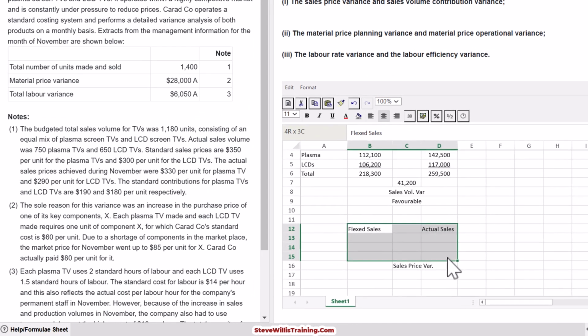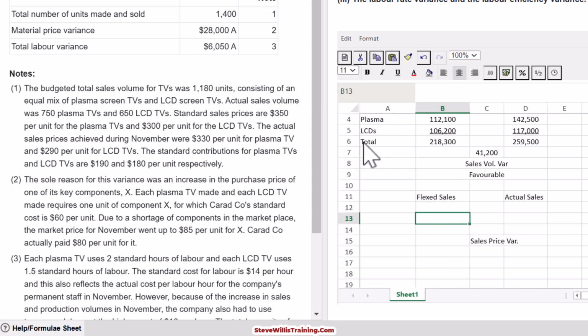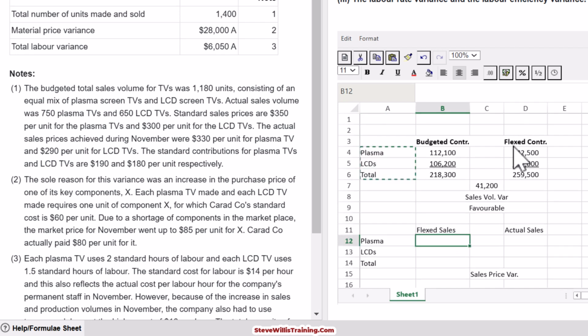Now let's move on to the sales price variance. And I'm going to just reorganize things a bit. I'm going to use these same row labels. And now we want to know the actual units multiplied by the standard selling price.